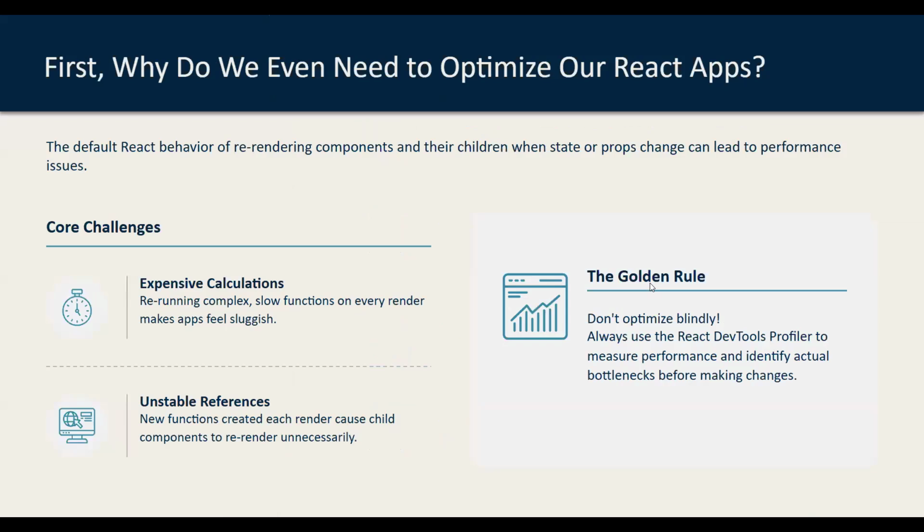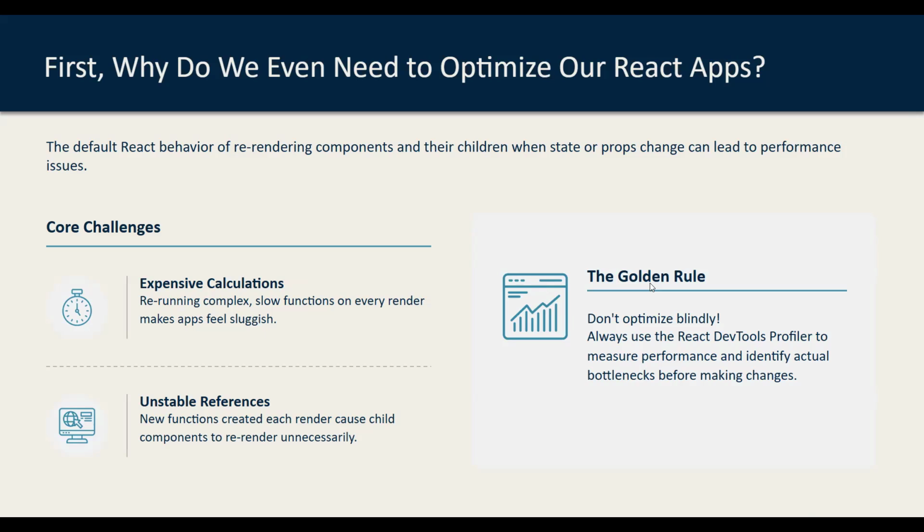So let's start off with why we even need to optimize. By default, React is fast, and it would still re-render certain components whenever the state or properties change.